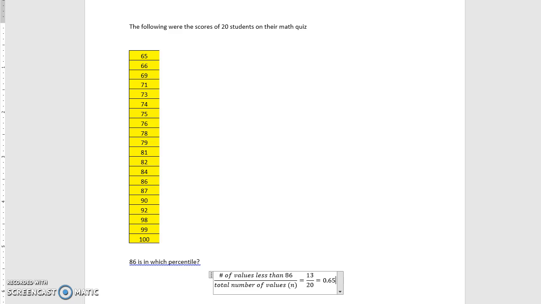13 divided by 20 is 0.65. That's written as a decimal, so we're going to multiply that by 100, and that's going to give us 65%.